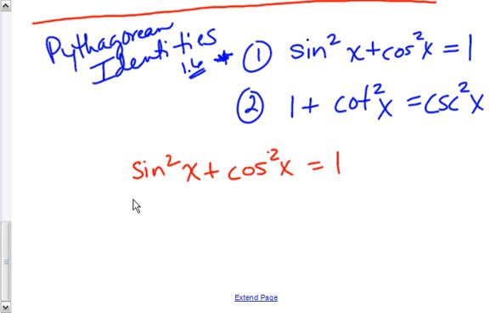Alright, if I were to divide everything by sine squared x, I'm allowed to do that, right? In an equation, as long as I do it on both sides. So I'm going to divide this side by sine squared of x, and I'm going to divide this side by sine squared of x.